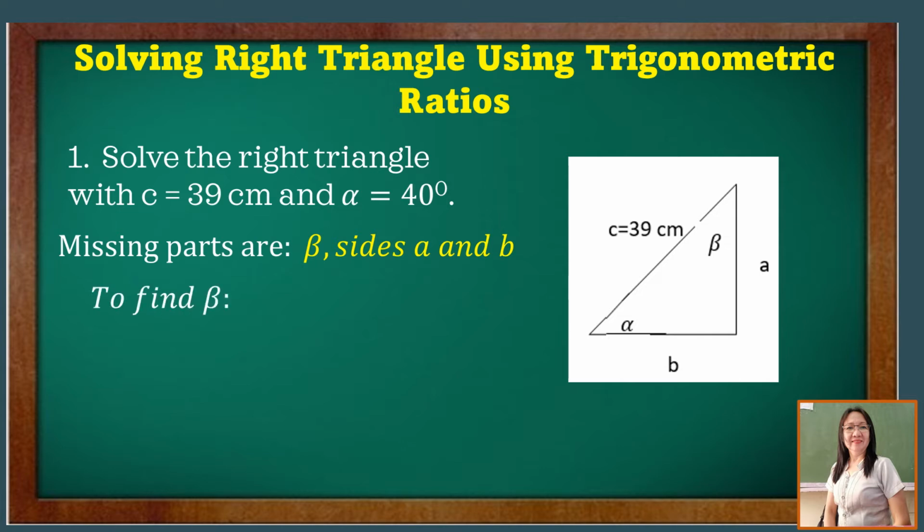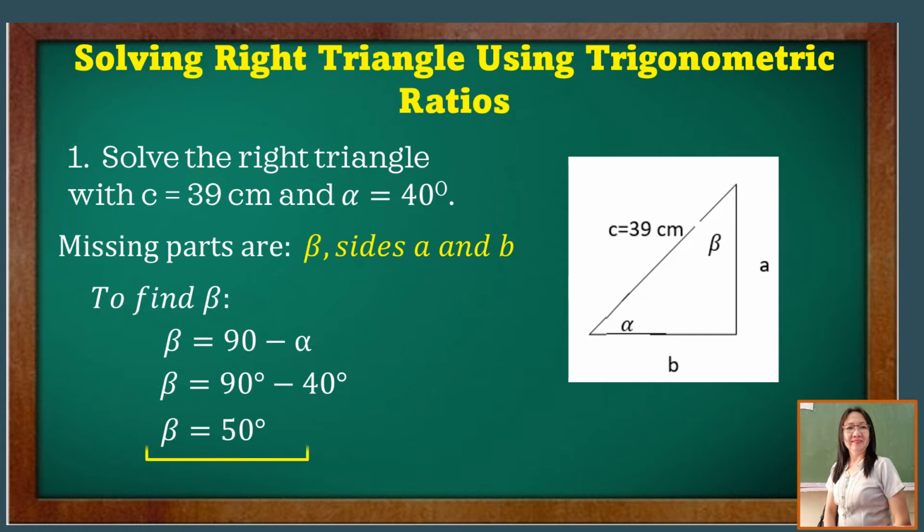So to find beta, we subtract the given alpha from 90 degrees. Therefore, 90 minus alpha is the same as 90 minus 40 degrees. Therefore, beta is equivalent to 50 degrees.